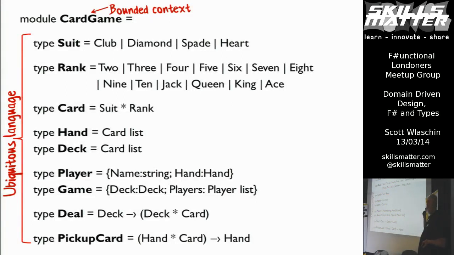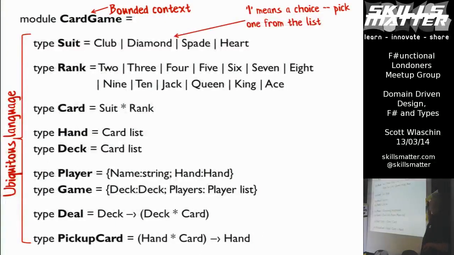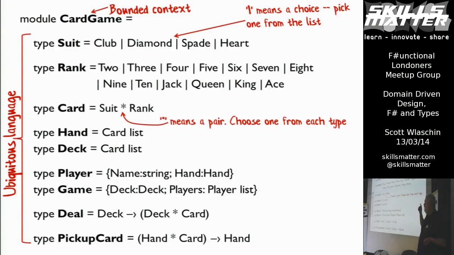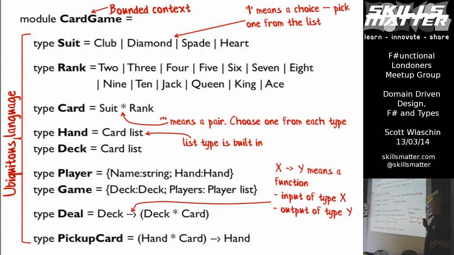For people who are not familiar with F#, I'll just quickly run through how this works. The vertical bar means a choice, so a suit is a club or a diamond or a spade or a heart. The star is the multiplication, literally, so a card is a pair of a suit and a rank. The list type is built into F#, which is very nice, especially for this kind of thing. And finally, the ones with arrows are functions.